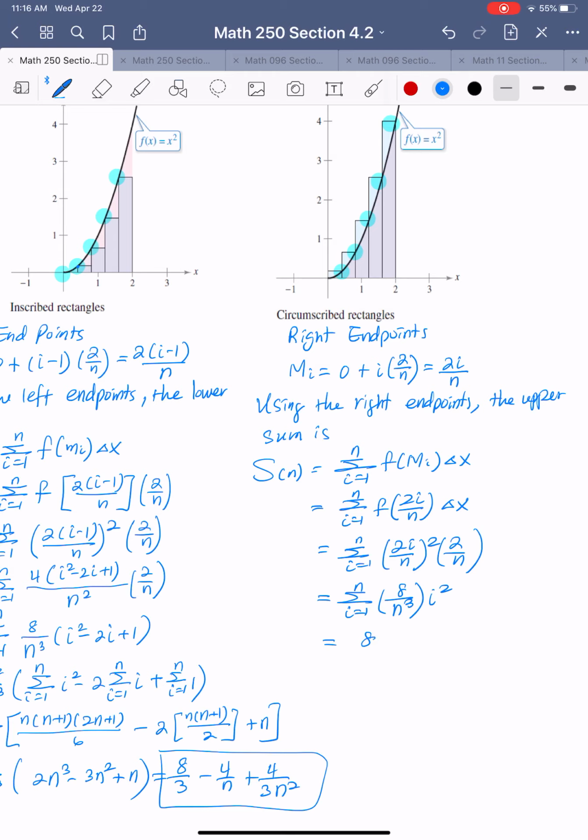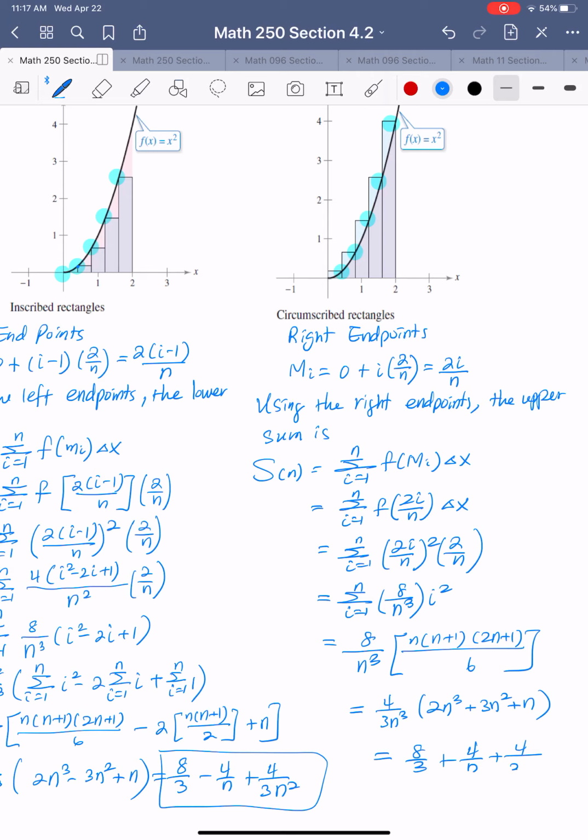If you pull out the formula for the sum of i squared, you get n times n plus 1 times 2n plus 1 over 6. Then you get 4 over 3n cubed times 2n cubed plus 3n squared plus n, and then 8 thirds plus 4 over n plus 4 over 3n squared.